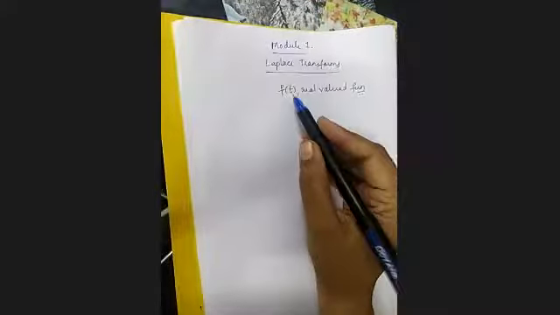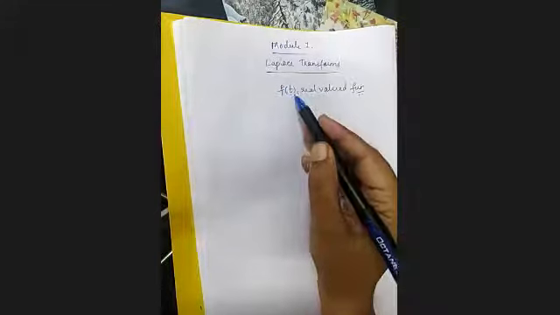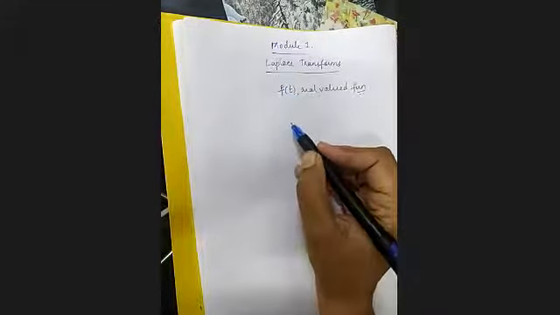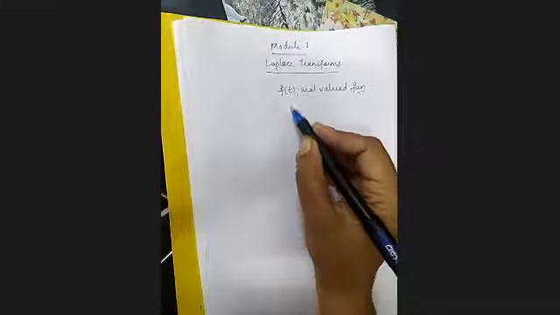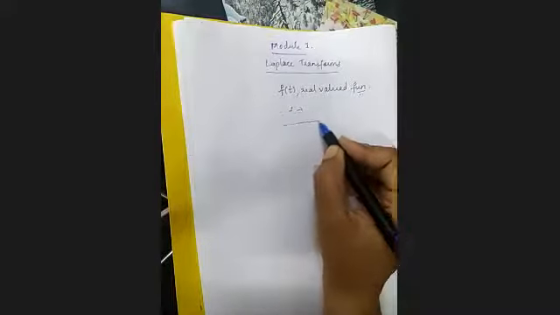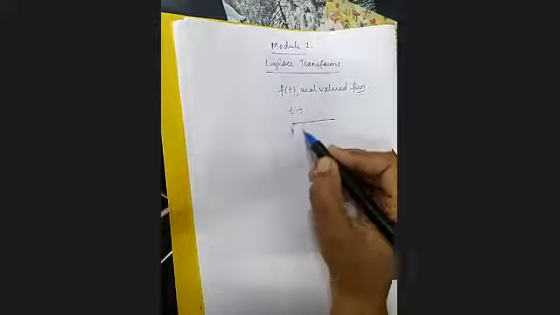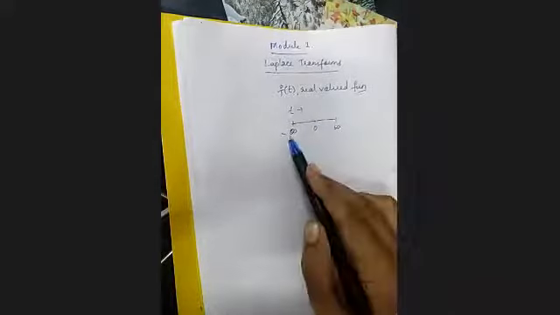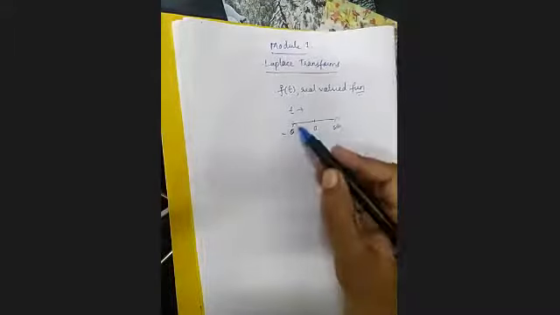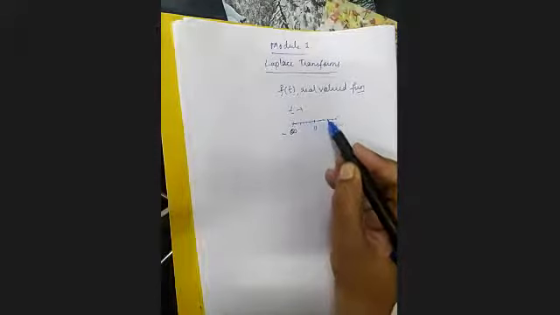Okay. Now here real valued function means here you have t. t is a variable, an independent variable. This t can take any value between minus infinity to plus infinity. So many values, infinite number of values are there.